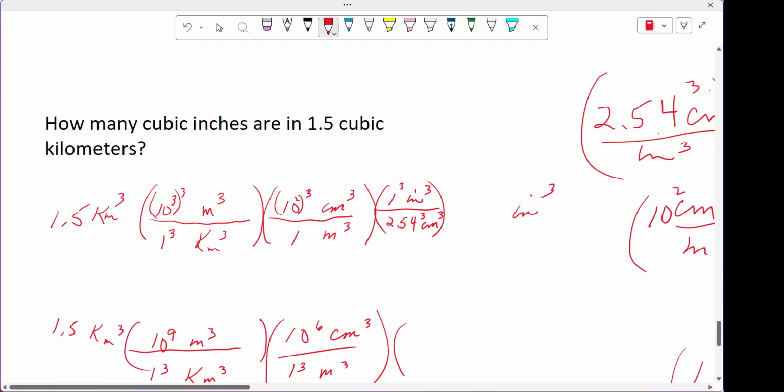And 2.54 was 16.3. Okay, so our cubic kilometers cancel, our meters cancel, centimeters cancel, left with cubic inches.